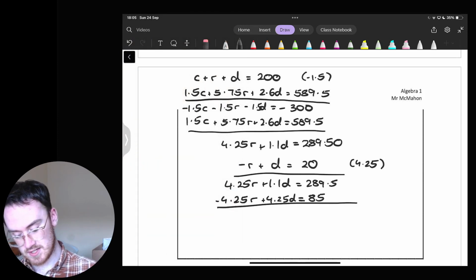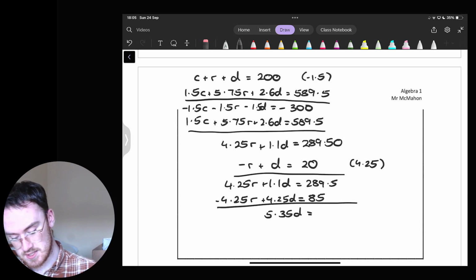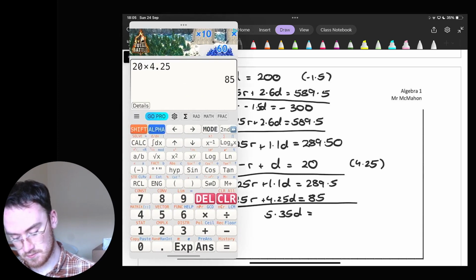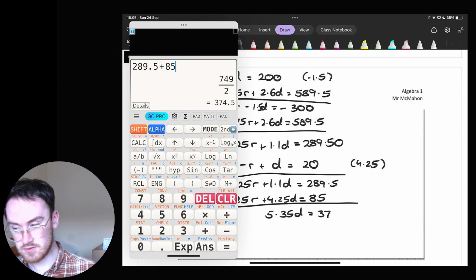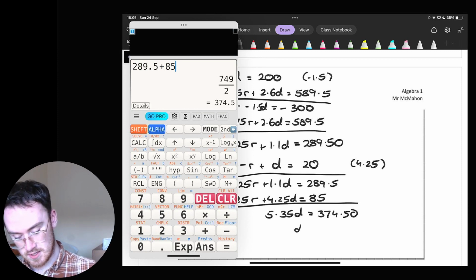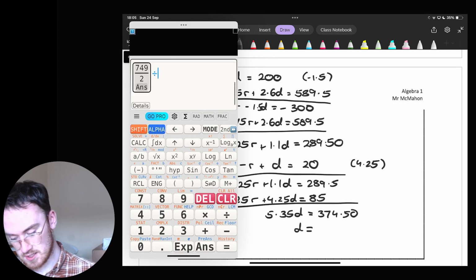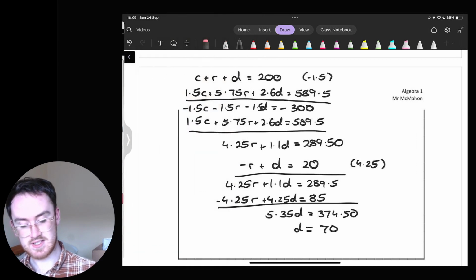Okay, and simplifying down, that's going to give me 5.35d equals 289.50 plus 85 gives me 374.50. And if we divide that by my 5.35, we get a number of 70 daisies.